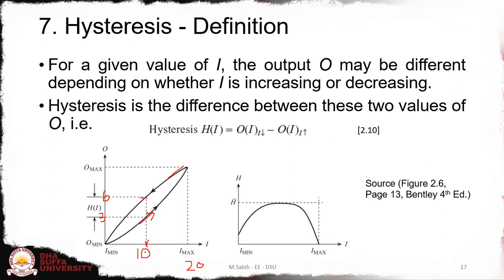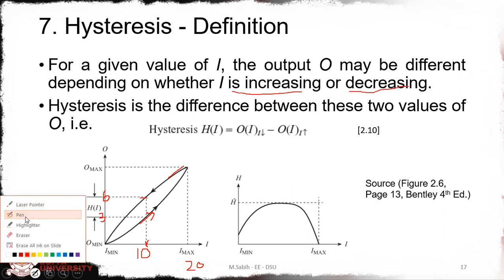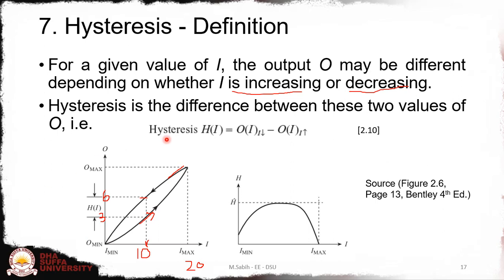So you see, for the same input we have two different values, and it all depends upon the history, whether the input was increasing or decreasing. This is how we define hysteresis, and it's a very practical thing that you see in different devices.